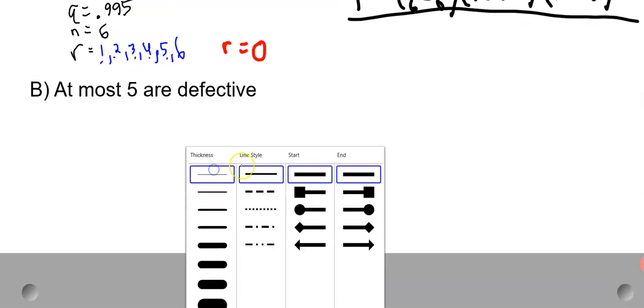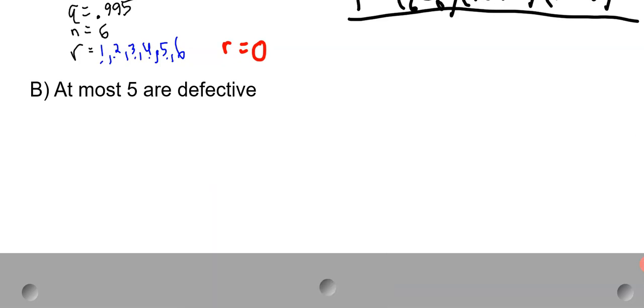So again, this is the complement of an event. All events have to add up to 100% here. So in this case, let's set up our variables, P, Q, N, and R. We want defective, so that's again 0.005, so that's still that. 0.995 is failure, which is actually not defective.